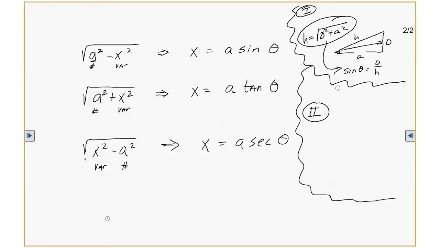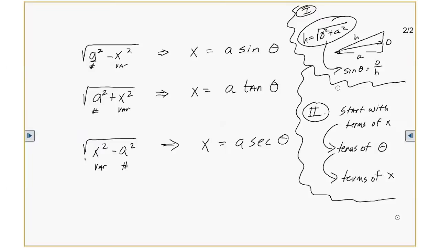Now, start with terms of x, and then you go from terms of x into terms of what? Theta. And then after you go to terms of theta, you turn back into terms of x.